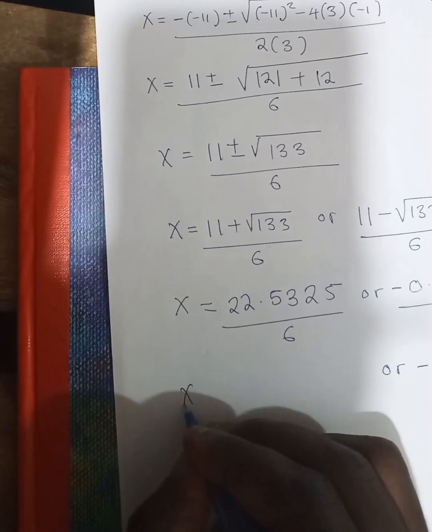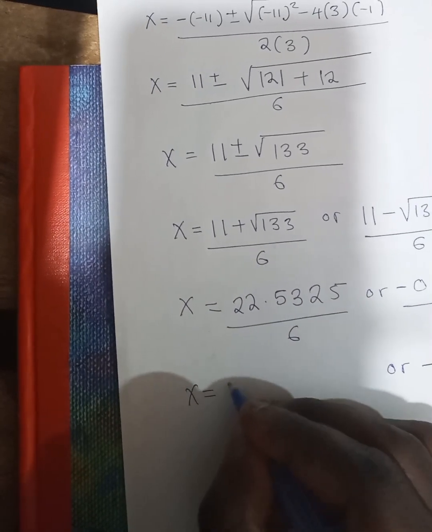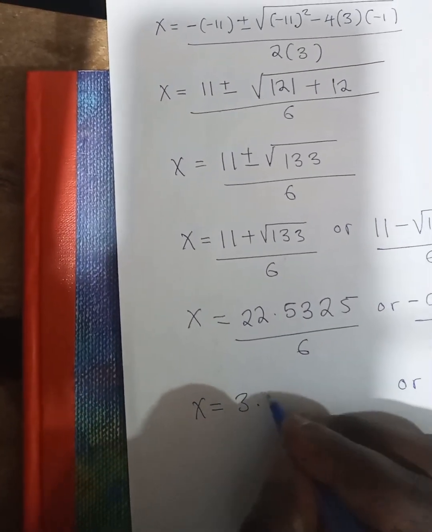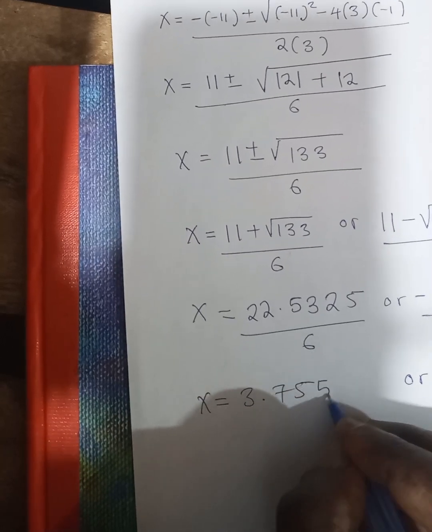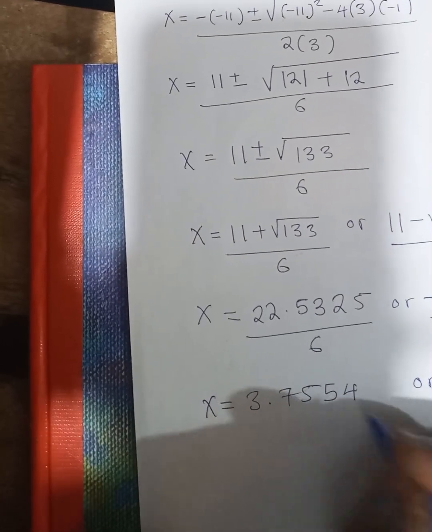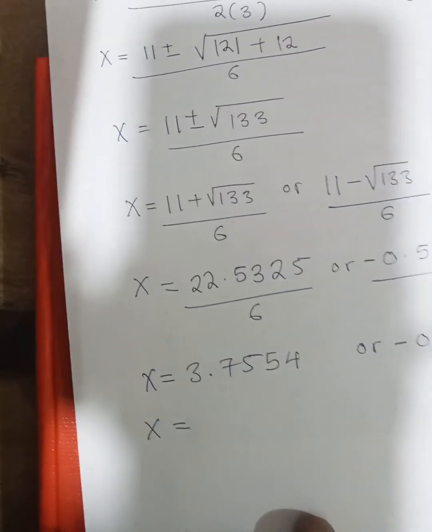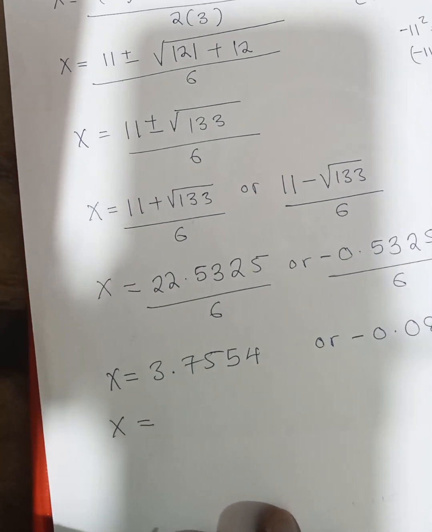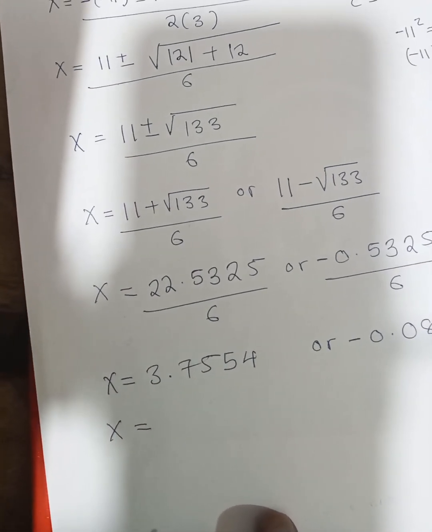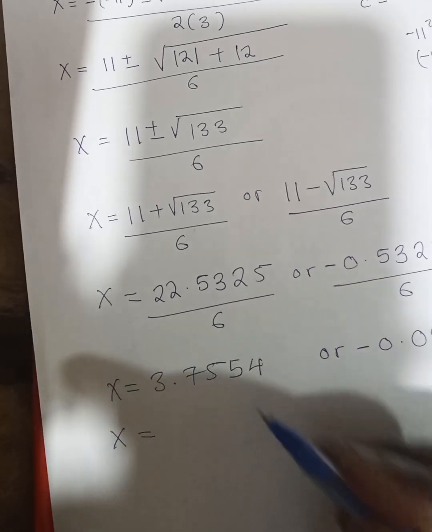On the other side, I'm getting x equals 3.755. Now, our question says we should leave this to 2 decimal places, meaning after the point we should only have 2 digits.